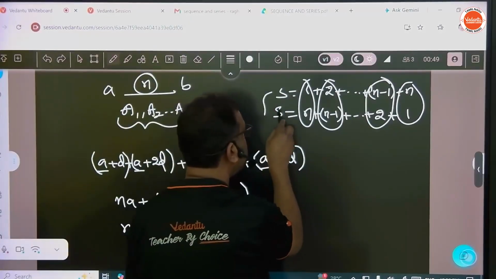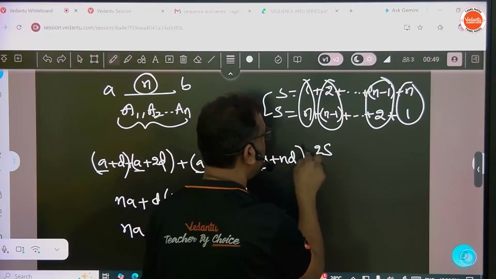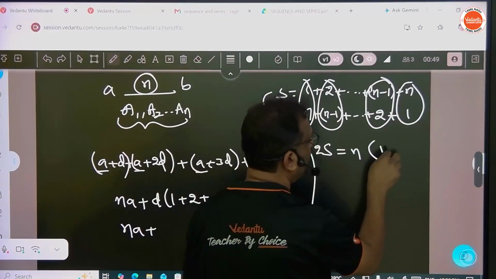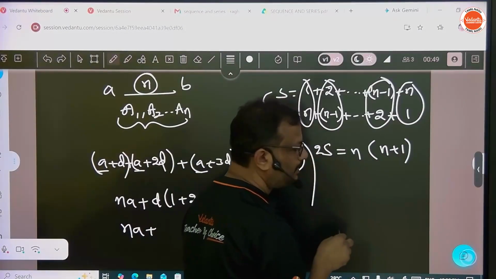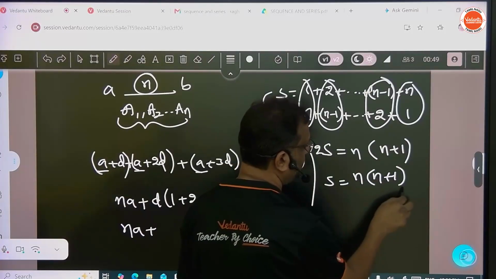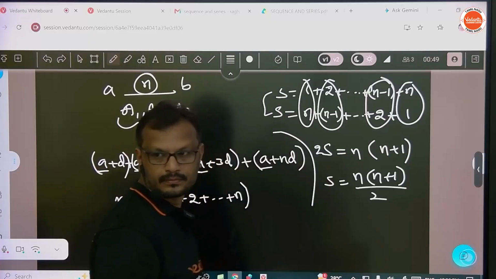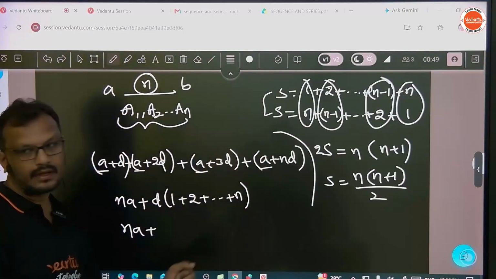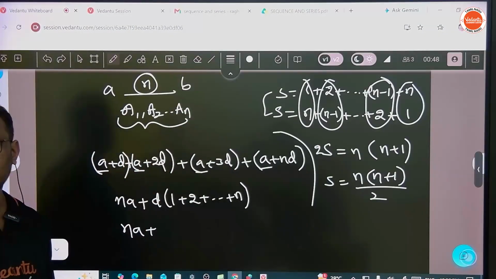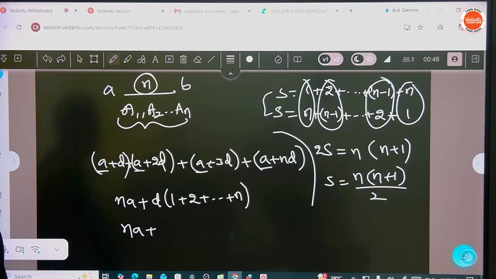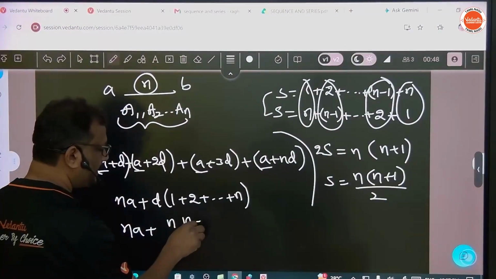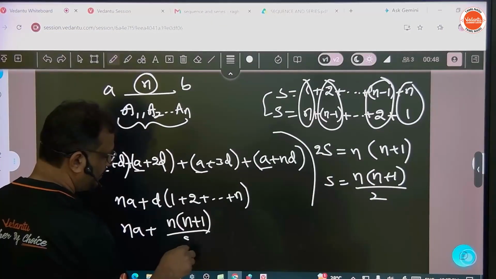So therefore, just add these now. 2S equals n times of n plus 1. So therefore S equals n into n plus 1 by 2. It is a very simple way; you can also use the AP formula directly and get it, right? Okay, so now this is n into n plus 1 by 2 into d.